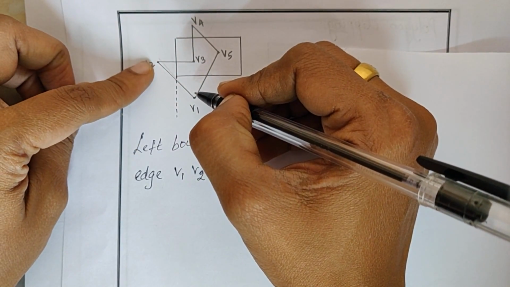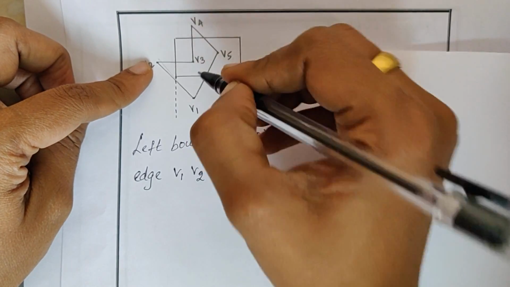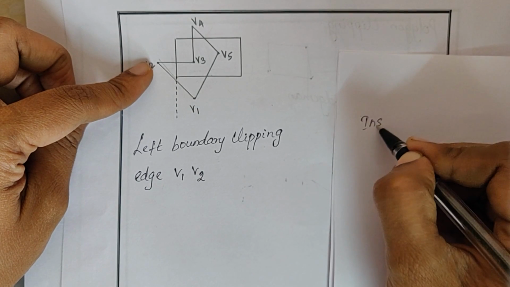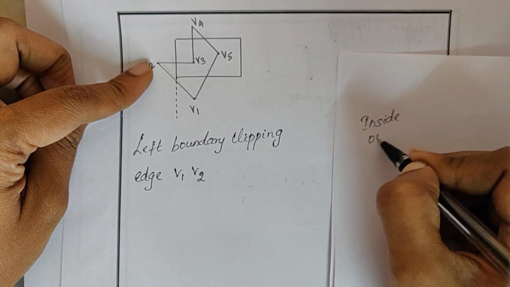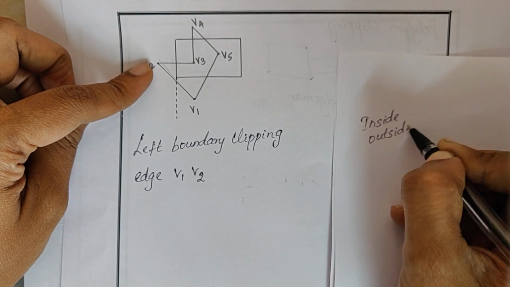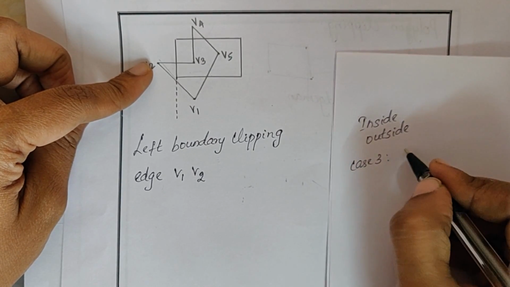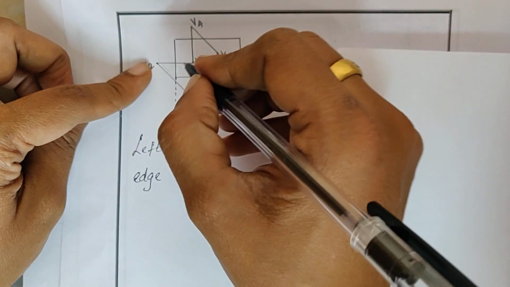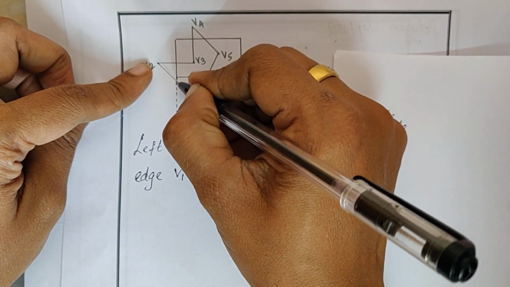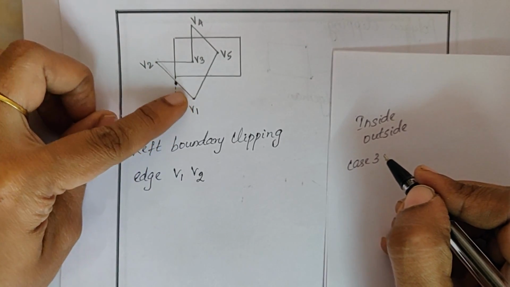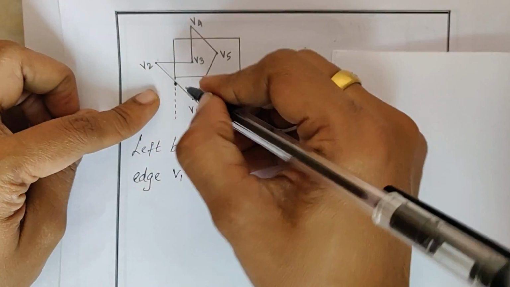So V2 is outside, right? So which is my case? Inside, outside. That is nothing but case 3. In case 3, what should I do? I have to save the intersection point alone. How to name this intersection point?